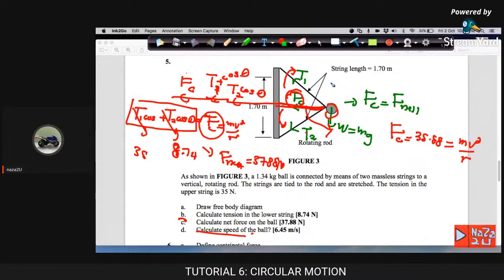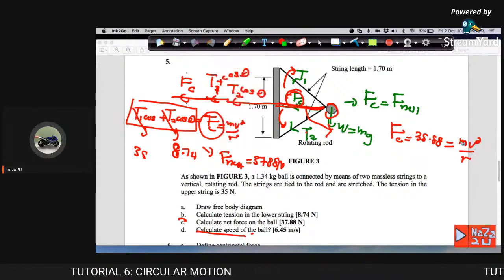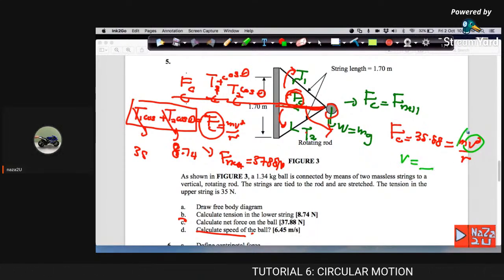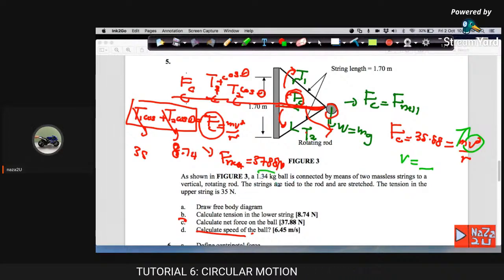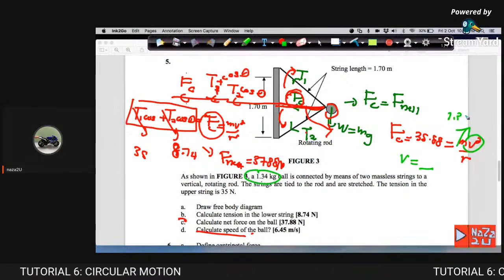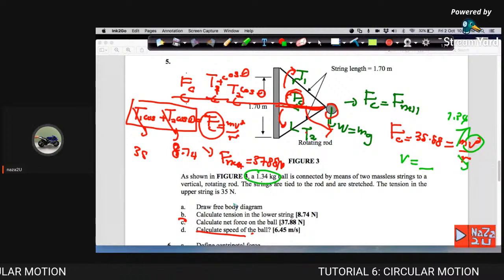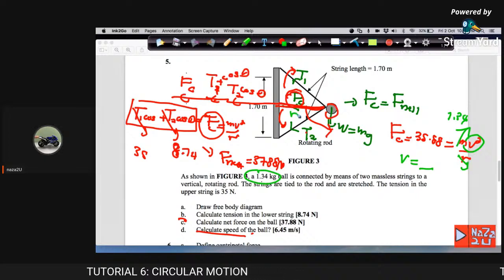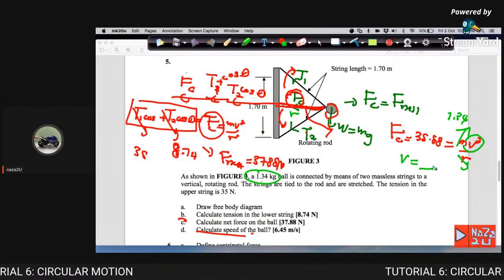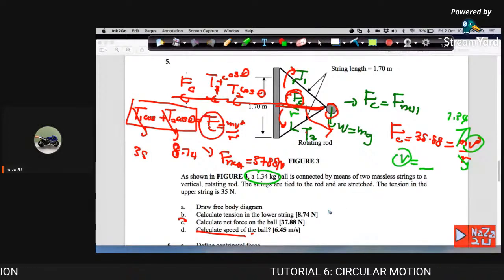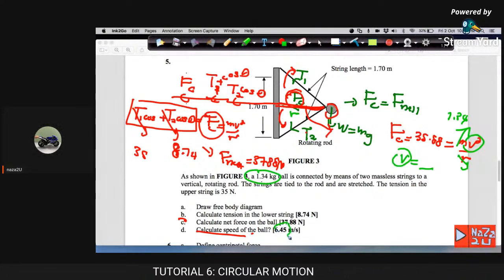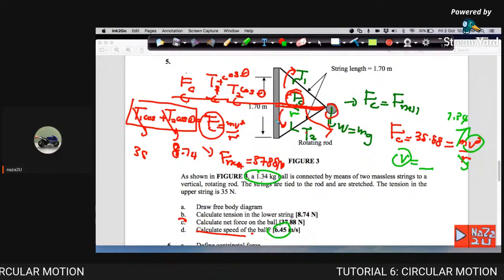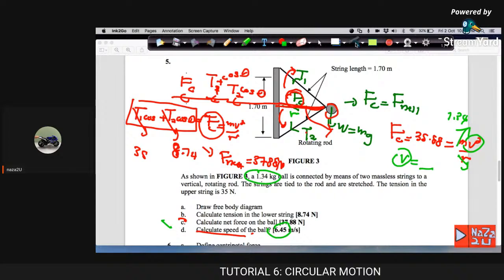So now you can find the value of the speed of the ball here, v. The mass is given by the question, 1.34, and the radius you can calculate. We already calculated r earlier, and you can find the value of v. If you look at the answer given, v is 6.45. So later you can calculate it yourselves, the number D.